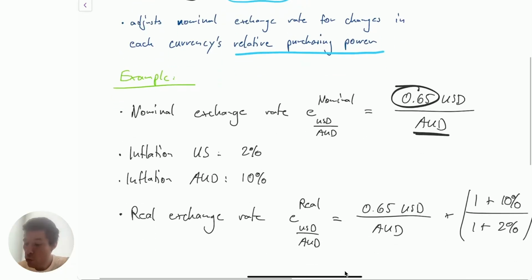If we, however, assume US has an inflation rate of 2% and Australia has an inflation rate of 10%, then we need to take inflation / purchasing power into consideration, because it's nice if you go to the bank and exchange 0.65 US dollar for AUD, but the question is, what can you do with your Australian dollar in Australia after you have exchanged your US dollar? Do you have the same purchasing power? Are you able to afford the same goods, or have the price levels changed?